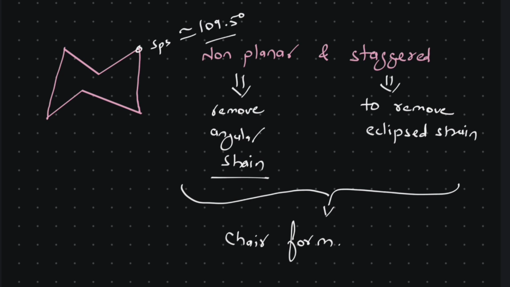The bulky groups or the hydrogen groups are arranged in axial and equatorial positions in this staggered conformation, so they don't bump into each other, reducing steric hindrance.